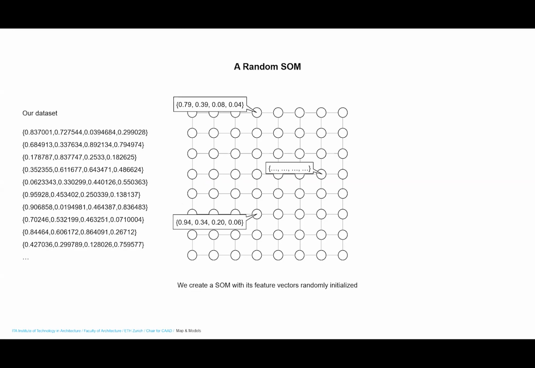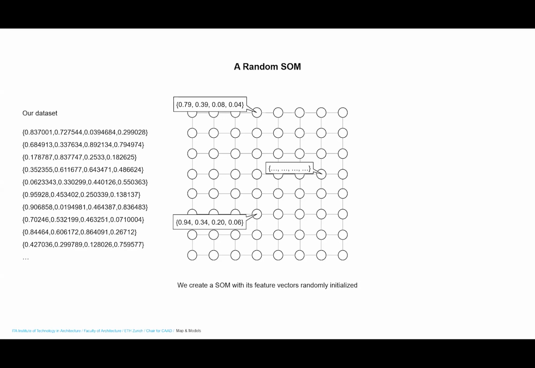For example, in the apple case, we have 4-dimensional vectors, so we simply create a SOM of arbitrary size with 4-dimensional feature vectors. In this case, it's an 8 by 8 by 4 SOM. We can play with the size, but the dimensions we should always keep the same as our data set.